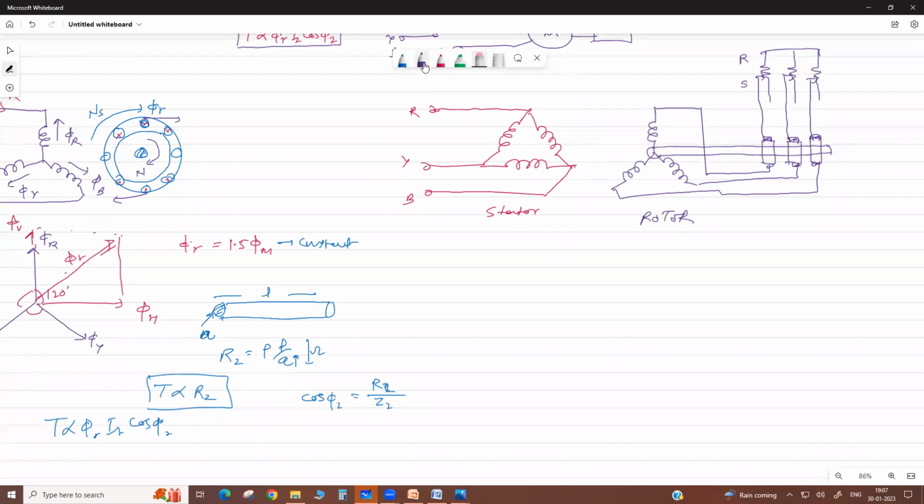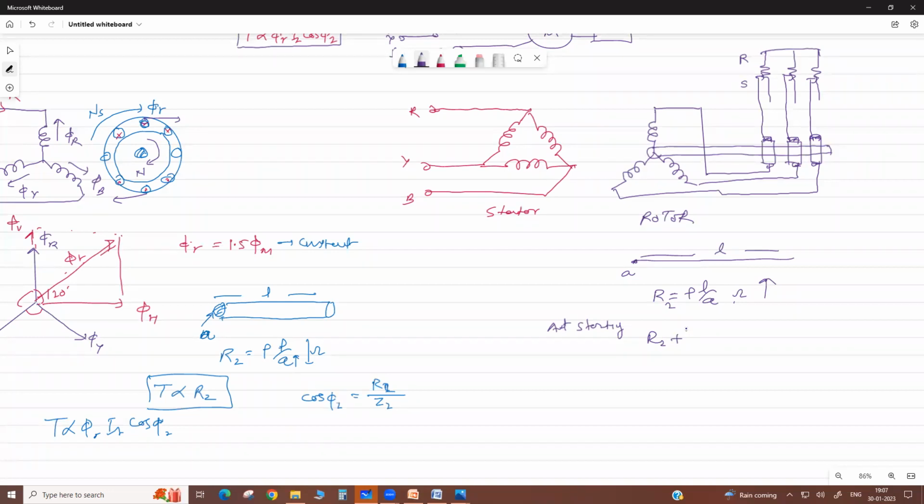But if we talk about this one, this winding has a thin wire and long length, thin area. So R equals rho L by A is large, it has a high rotor resistance. And we add the resistance also. So in R2, at starting, what do we do?